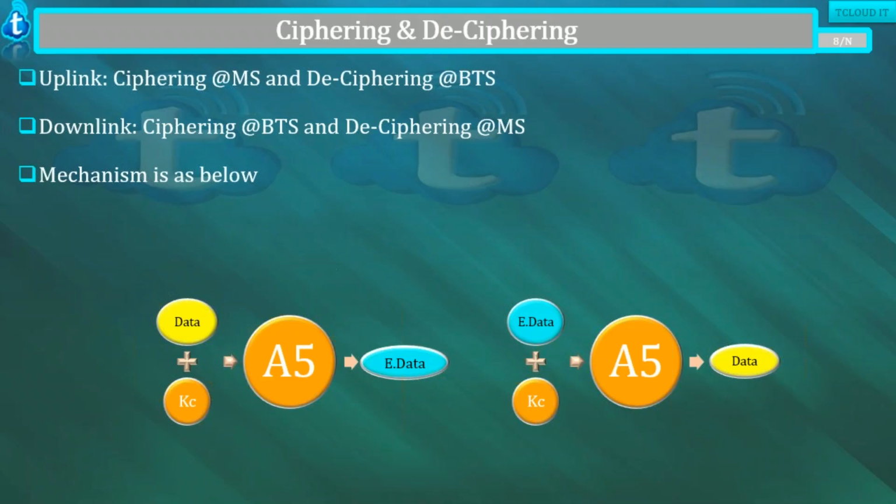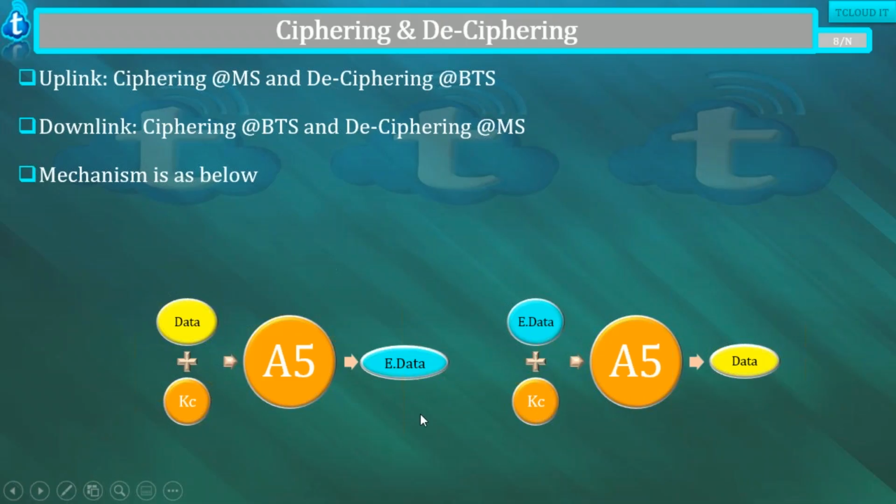We never need to go through that process, because nobody will be asking you those questions in your interview. How will an algorithm work? An algorithm may have maybe 2000 mathematical operations. You don't need to know each and every step. Not required. But this A5 is encrypting it, and who can decrypt it is only the one who has the KC.